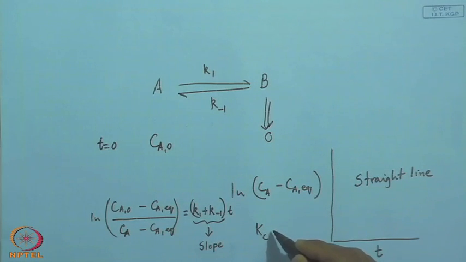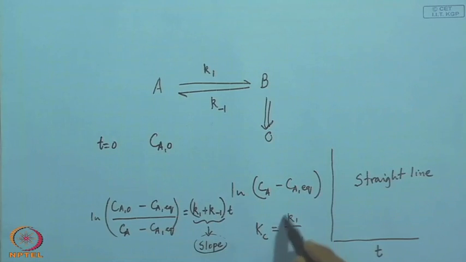There are various ways of finding out the equilibrium constant. Okay. So, Kc is equal to K1 by K minus 1, that can be experimentally obtained. Okay. So, if we now combine this slope and this, we will be separating out K1 and K minus 1, that means we can find out K1 and K minus 1.